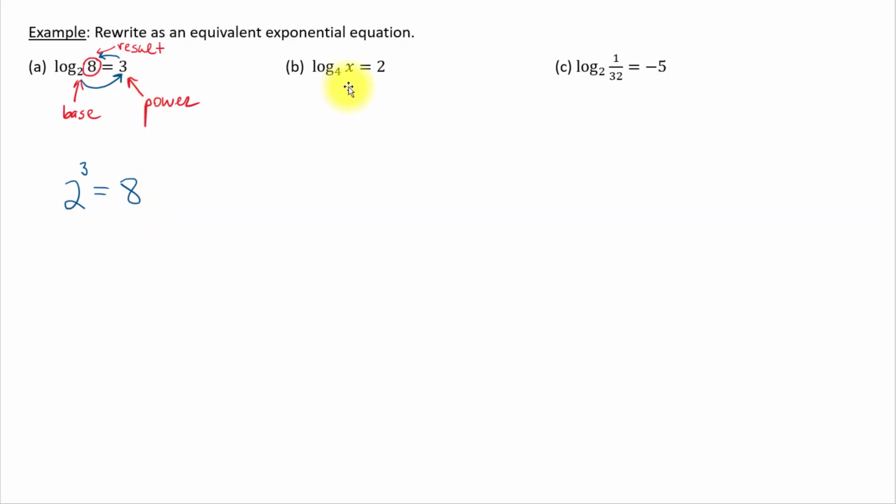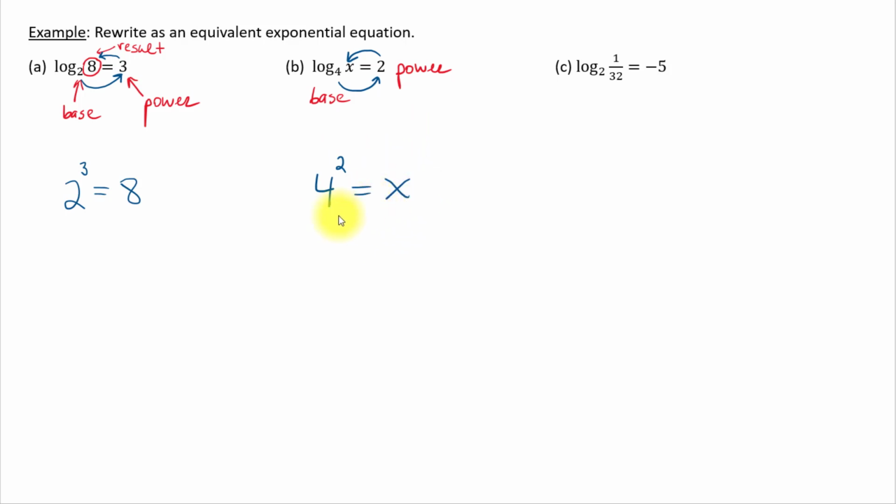Let's try it with the next equation. We'll take the base 4, raise it to the power 2, and set that equal to what stands inside the logarithm. In other words, we'll get 4 to the second power equals x. Notice that inside the logarithm we had variable x. So altogether, this creates an equation that can be solved. And the step that we just did, rewriting the original equation as an equivalent exponential equation, allows us to find the unknown value of x.